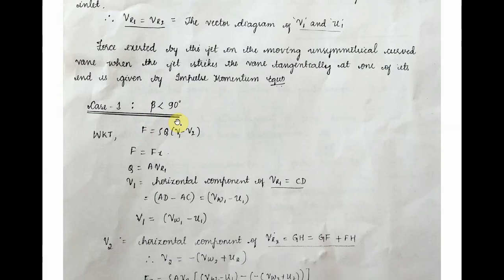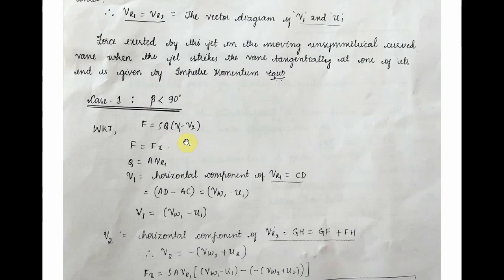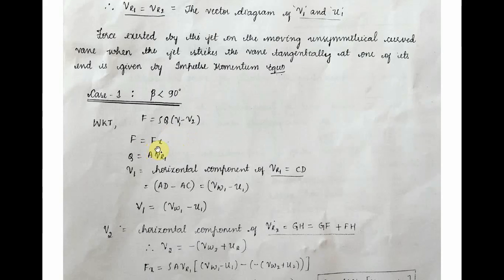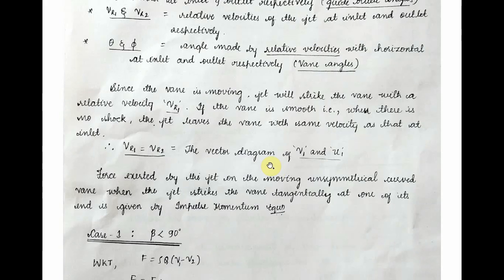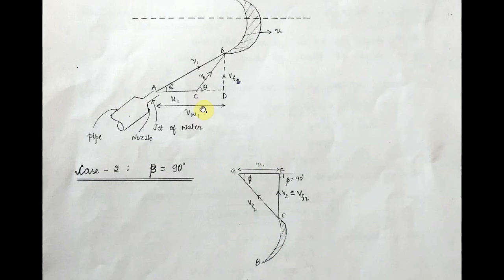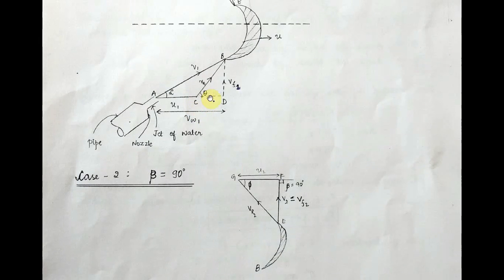As in the previous case, F is equal to rho Q times (V1 minus V2), the force in the F direction. Q is the discharge, A into Vr1, the relative velocity. Then V1 is the horizontal component with respect to the relative velocity Vr1, that is nothing but CD. See the diagram: this is the relative velocity Vr1 with respect to the horizontal CD.